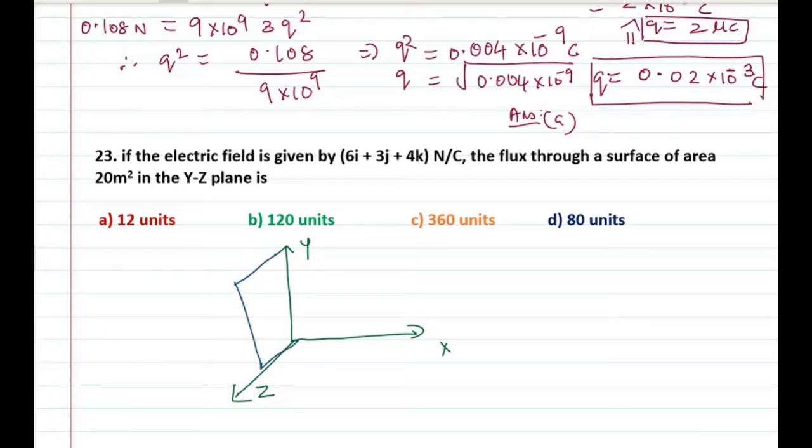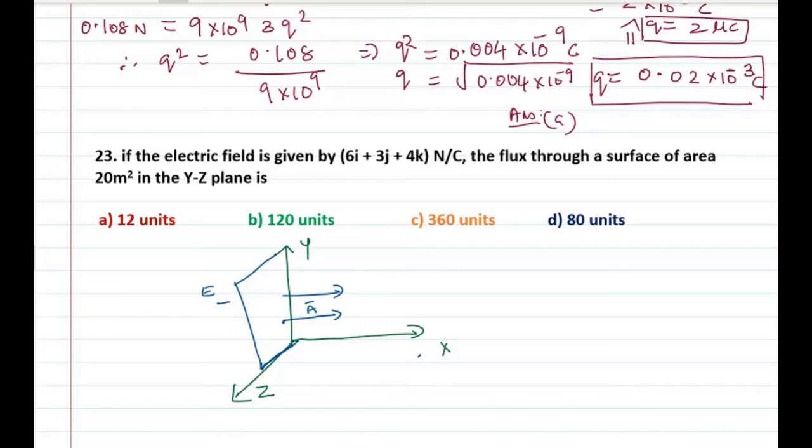The electric field is entering and leaving the surface of area 20 meters square. The surface vector, which is the normal vector, is along the x-axis. The area vector is along the x-axis, given as 20 meter square.